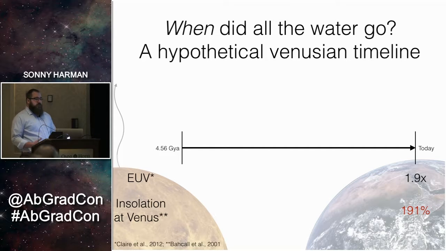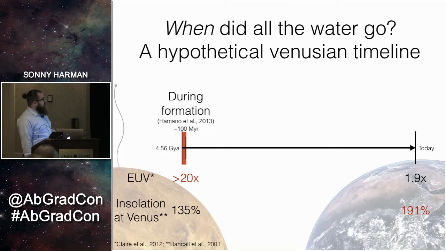And one of the suggestions is that Venus lost its water very early in its history. It accreted, went into a runaway greenhouse as part of that accretion process, and never left. And so that Hamano et al. result from 2013 would have driven the escape of Venus's water in the first 100 or so million years of its evolution, where the insolation was actually relatively lower.